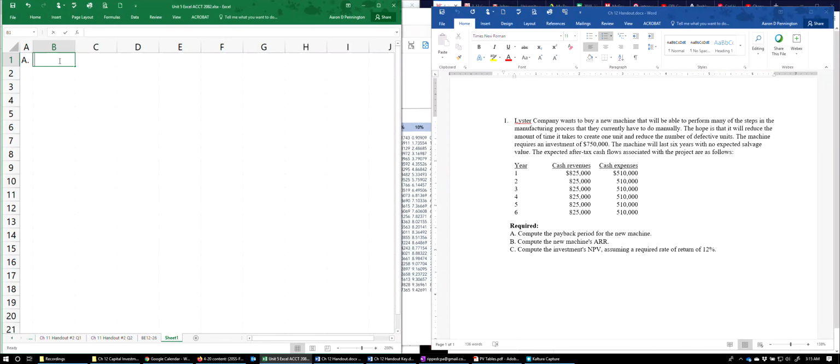So in other words, our formula is going to be the investment, $750,000, divided by the revenue less the expenses.